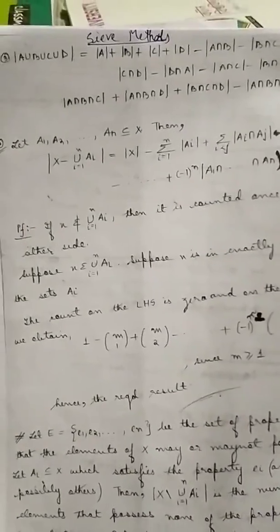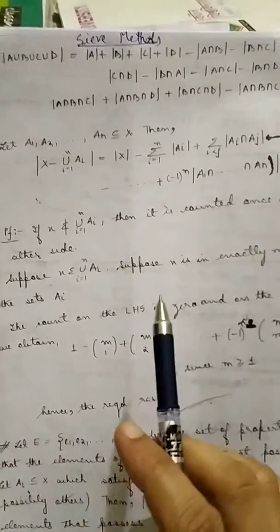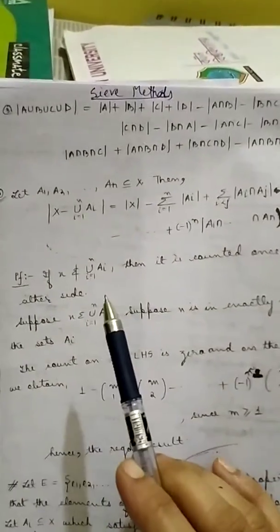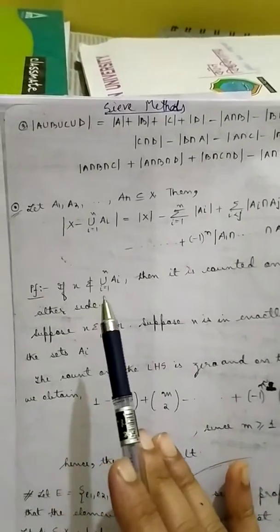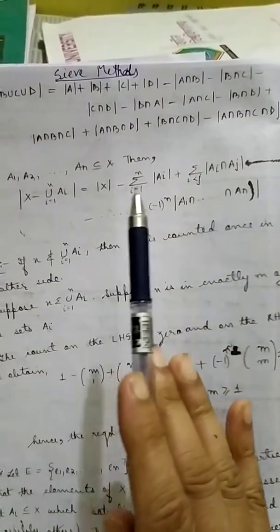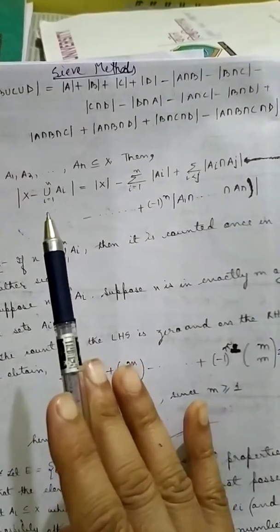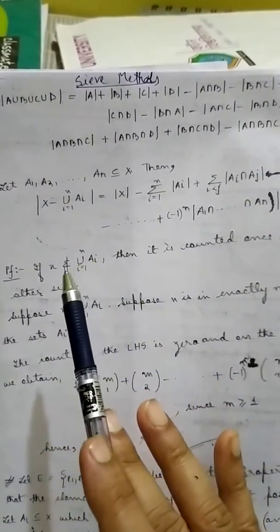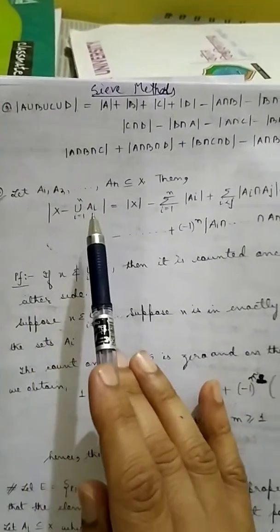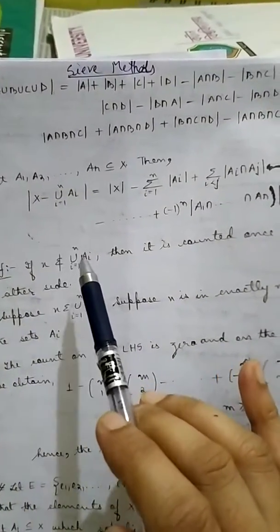You see, two possibilities are there, for an element on this side and that side. Either X belongs to this union or X does not belong to that union.